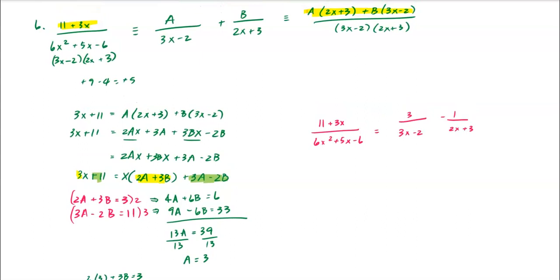Some of you are going to have the negative 1 first because you used that 2x plus 3 factor first. So the numerator, negative 1, has to go along with it. So it might be switched. What I mean is it could look something like this.